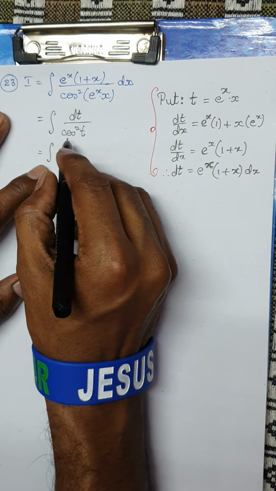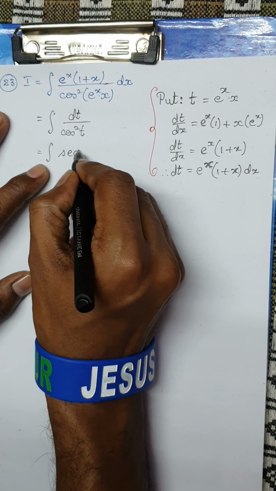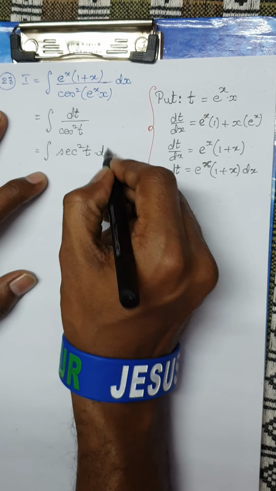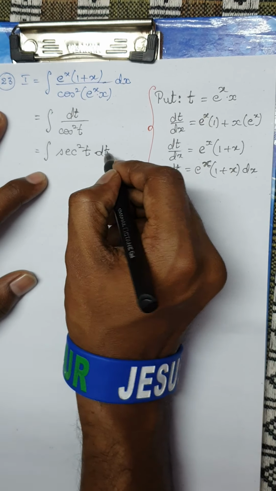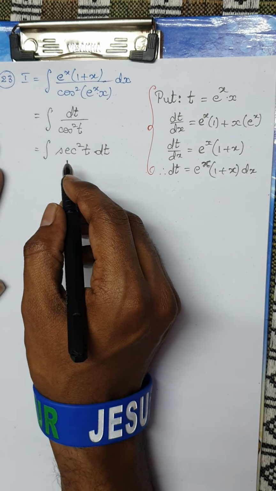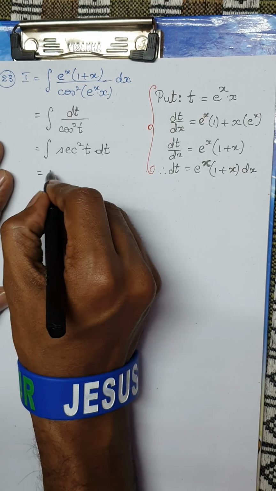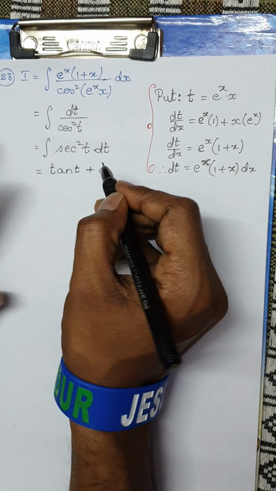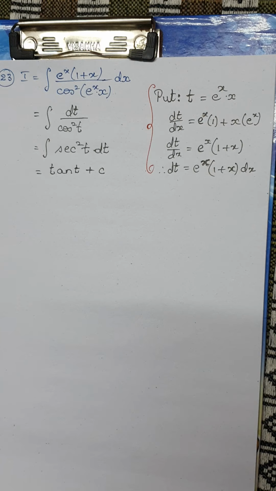So I'm converting this to a reciprocal function. The integral of 1 by cos square can be written as the integral of secant square t dt. Now you can see here, this is the standard integral of secant square t. We know it is tan t plus c, which is the constant of integration.